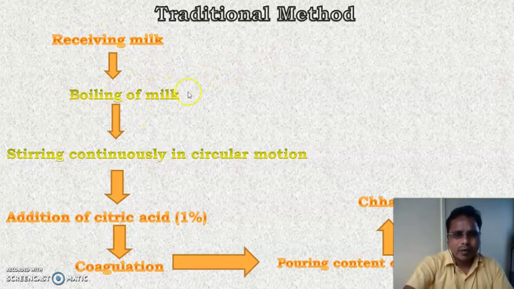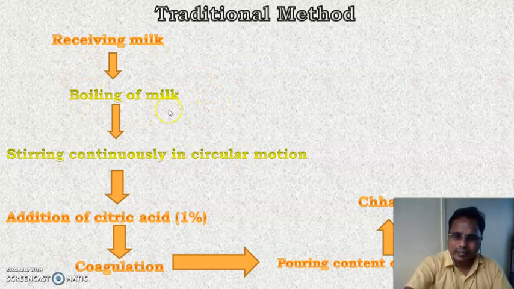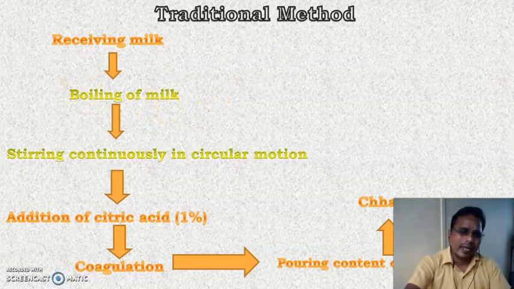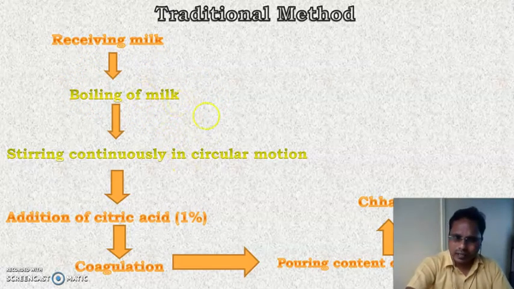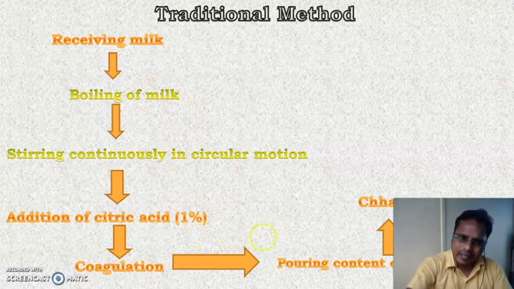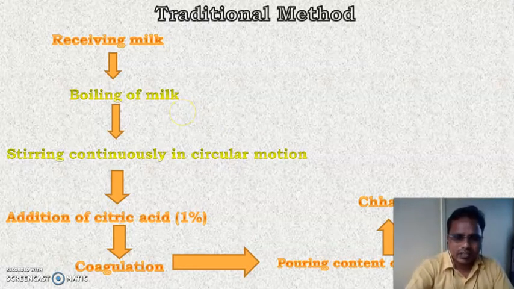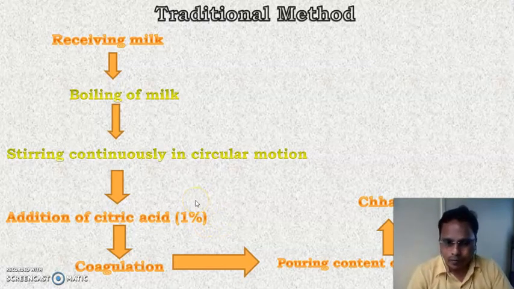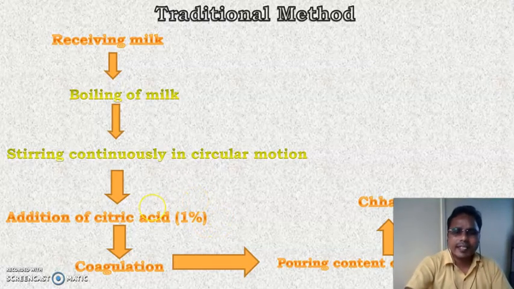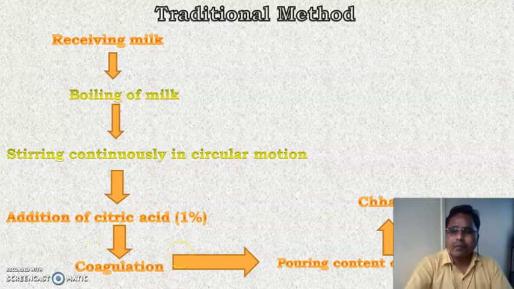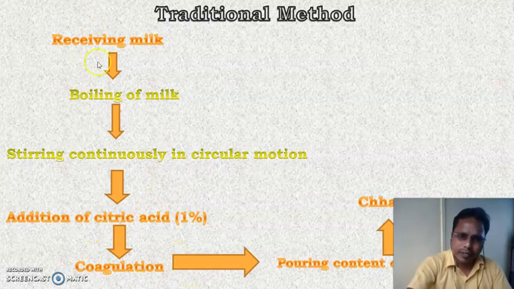When this milk has boiled, the heating should be stopped, and the milk in the karai is transferred to a second pot in which the acid is added. Citric acid or lactic acid is added at the rate of 1% of the initial quantity of milk.